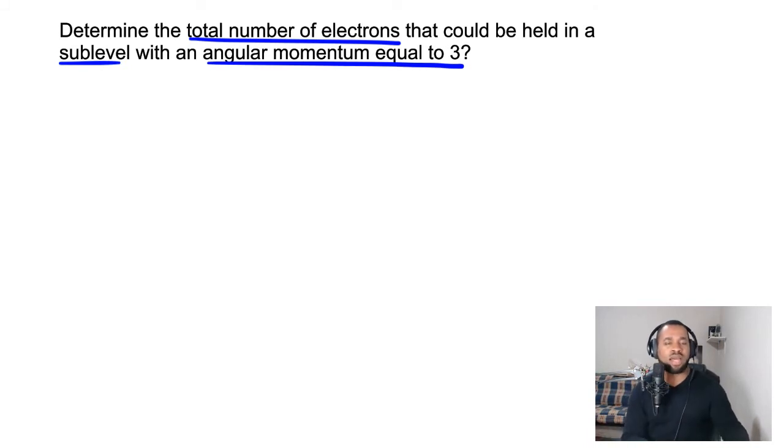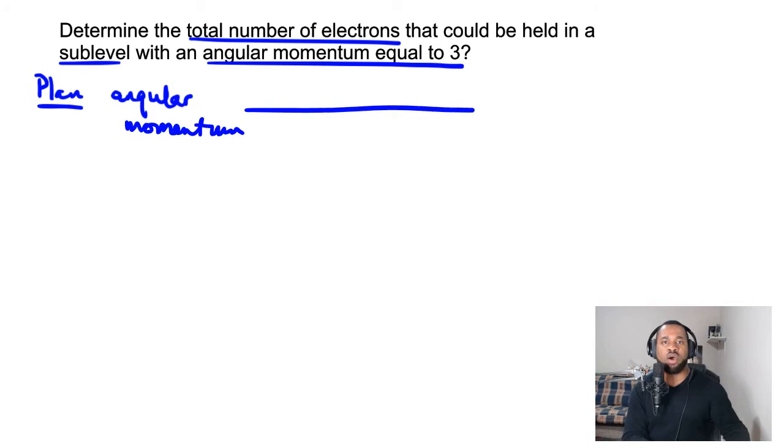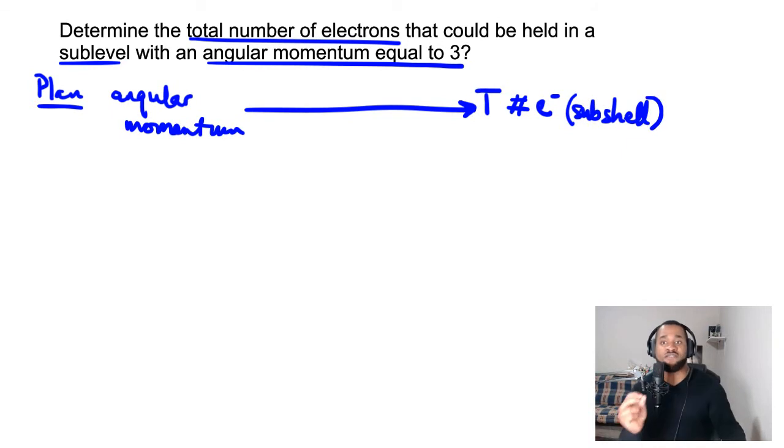Looking at the plan here, the plan is to start first from angular momentum, and from the angular momentum we're going to go all the way to the total number of electrons in a specific subshell. The angular momentum will lead us to how many electrons are found in that subshell.